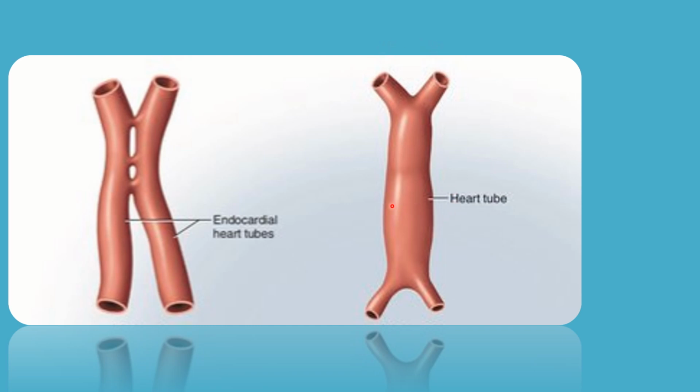The next one is the caudal part of the primitive heart, which becomes the venous part. This forms the venous end of the primitive heart.